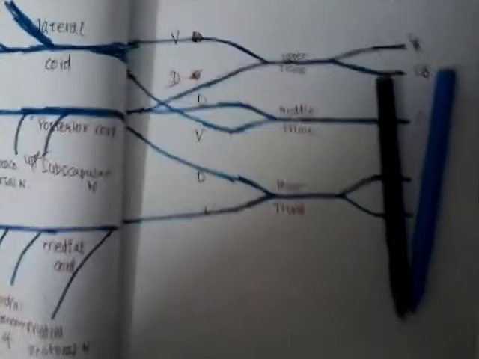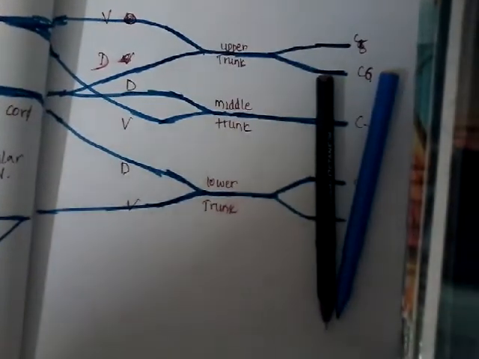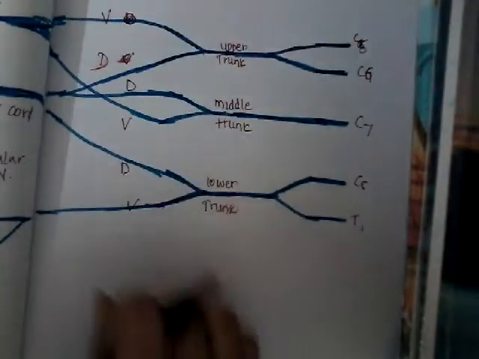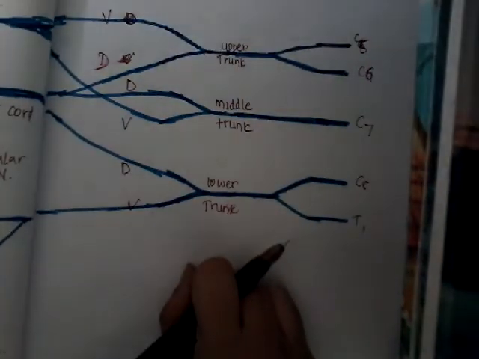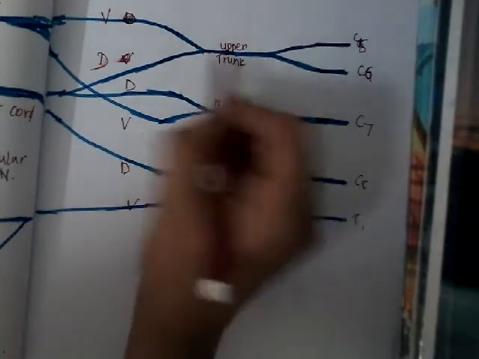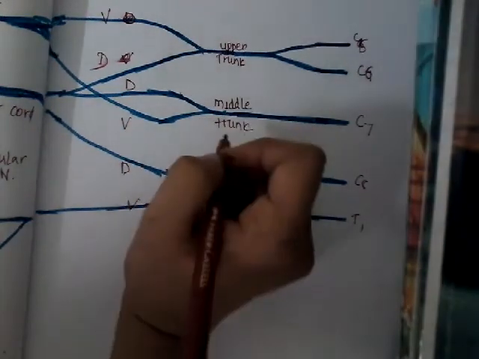Now there are some minor branches which arise from the trunks of the brachial plexus. I'll draw them in another color. They include branches from the trunks. First, the upper trunk gives rise to 2 branches.